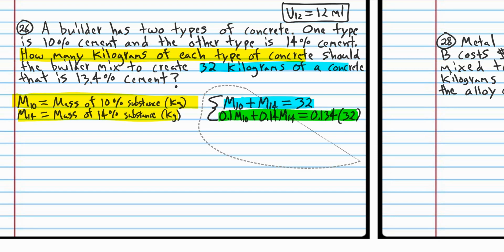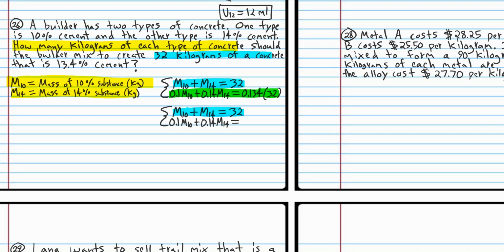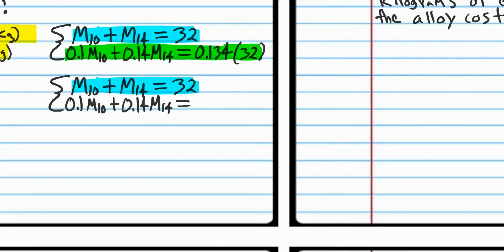So as usual, we'll just simplify the green equation. 0.134 times 32, and we get 4.288.